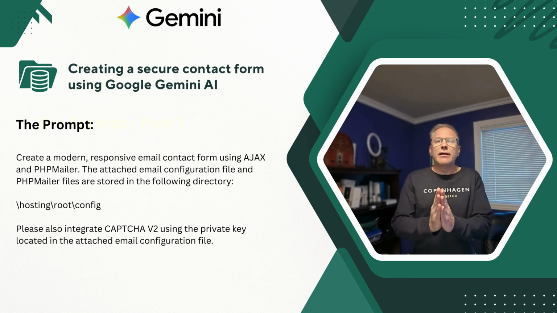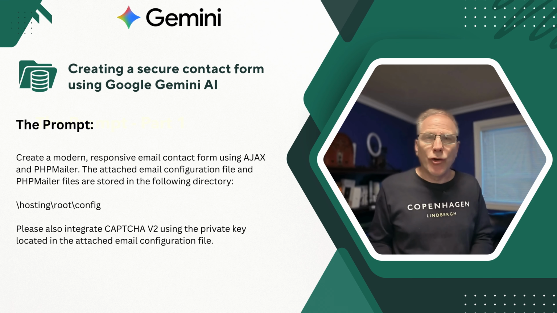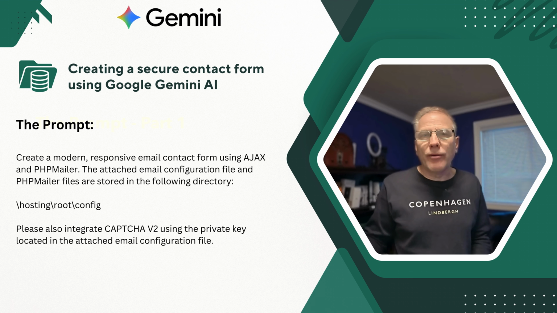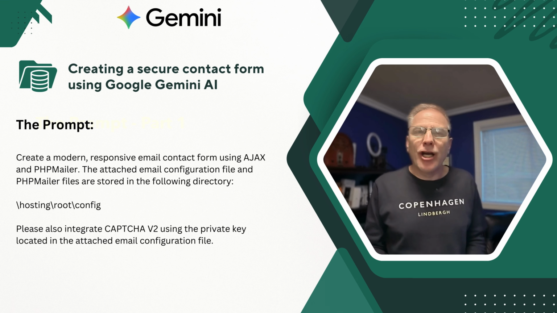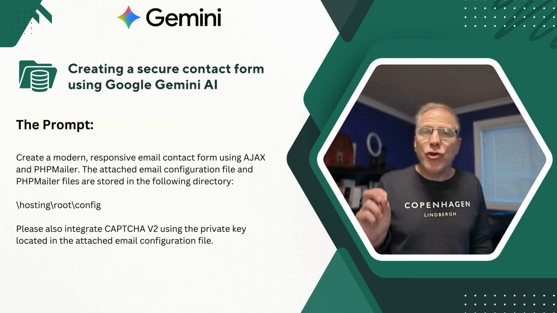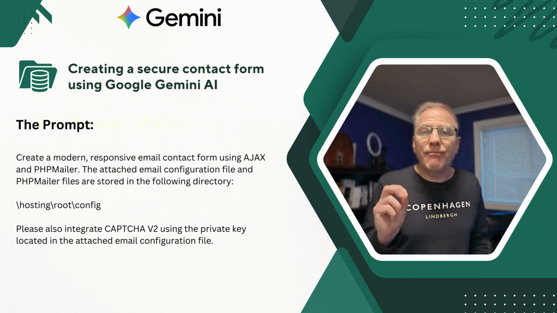And now here comes the big payoff. The prompt that you're going to enter in Google Gemini AI to create a perfect contact form for your website. You're going to tell Google Gemini AI to create a responsive contact form using Ajax and PHP Mailer.